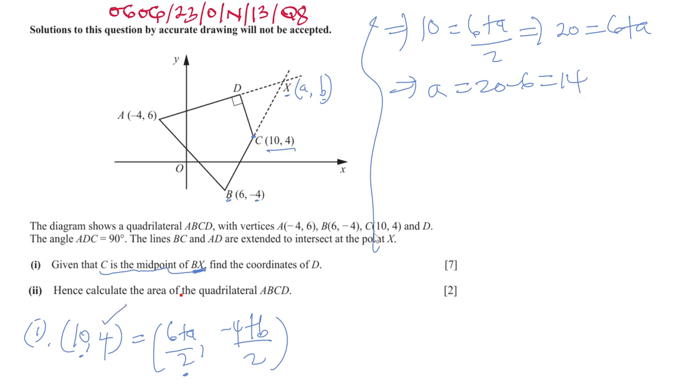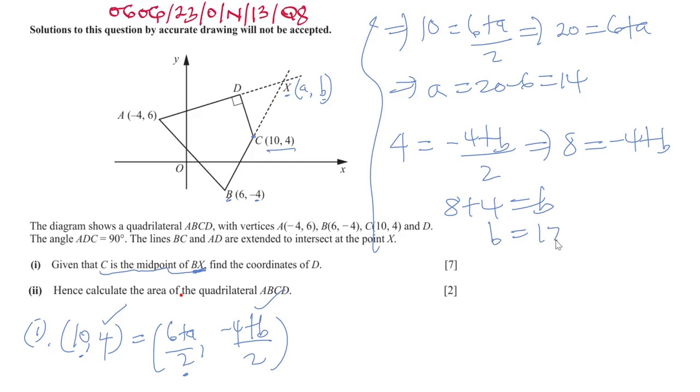Again, we should have that the y coordinate 4 at the left hand side equals the y coordinates at the right hand side. Multiply both sides by 2 to clear the fraction. We are going to get 8 equals minus 4 plus b, which in turn gives 8 plus 4, because b, the value of b is 12. So it tells us that the coordinate of point B in the diagram is a, 14, comma b, which is 12.